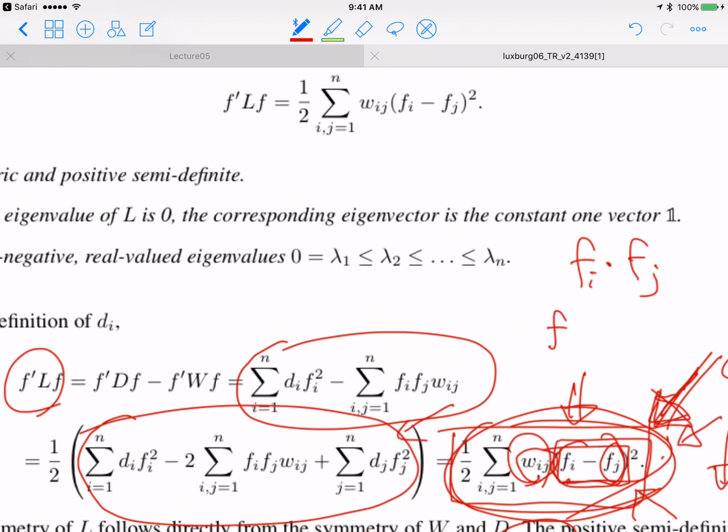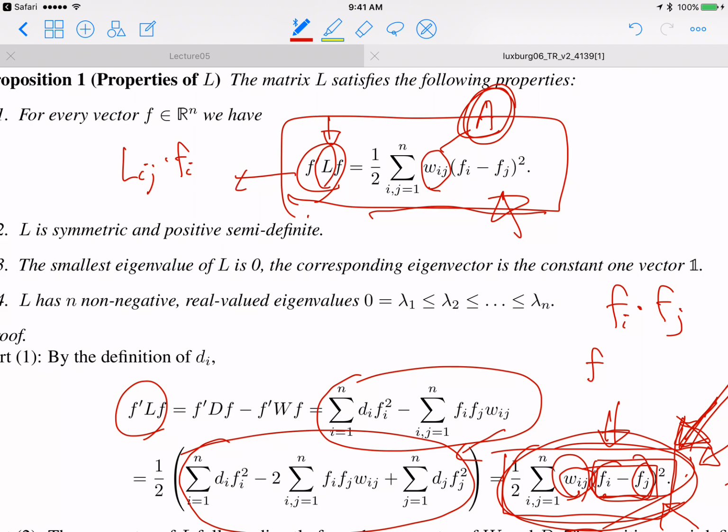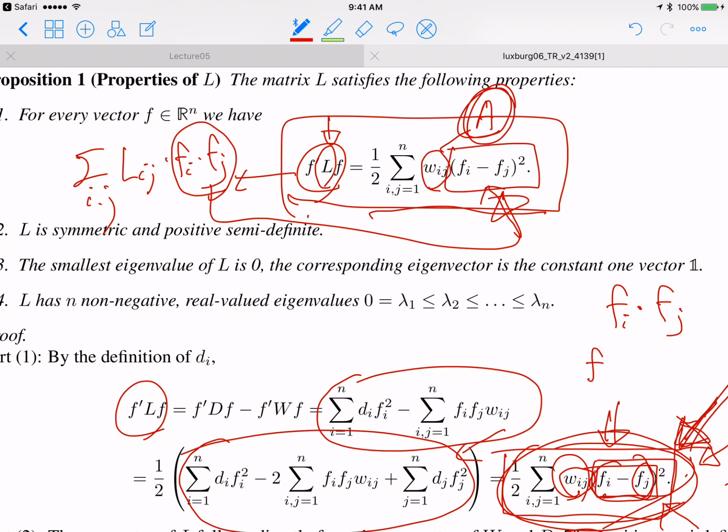And now let's go back to this definition. You understand the meaning of this. Even though we started from the Laplacian matrix, these edges are only coming from our adjacency matrix. So the sum of L_ij times f_i times f_j over i, j changes into (f_i minus f_j) squared, but instead of using L_ij we only use W_ij, the edge weights.